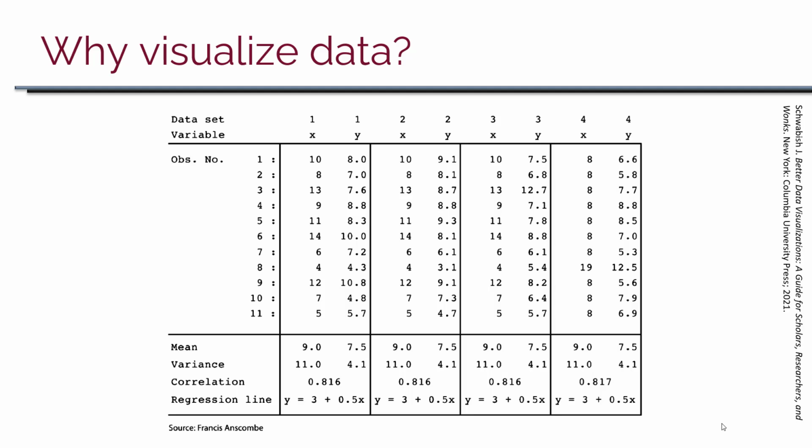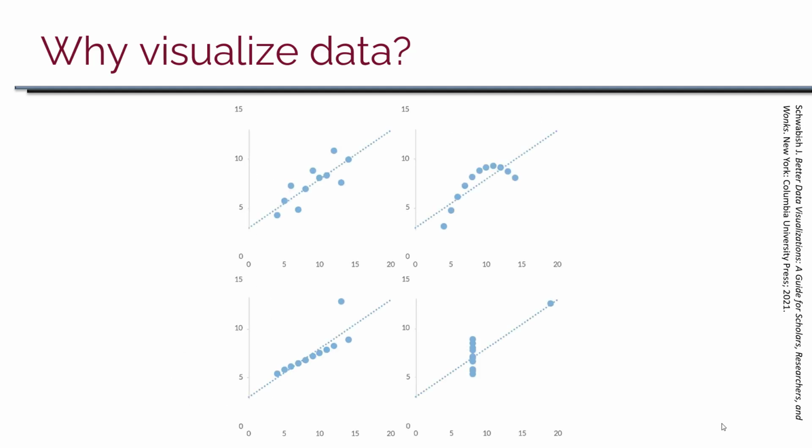If you were to visualize this, since we're going to talk about data visualization today, this is what you get. The first set is pretty much a scatter plot. Here's the regression line. You can see that more or less the data points are around the regression line.